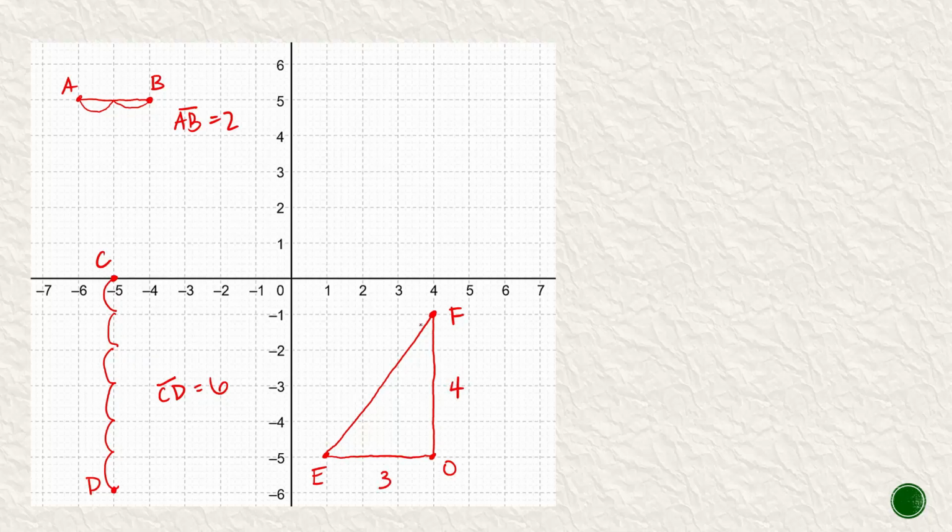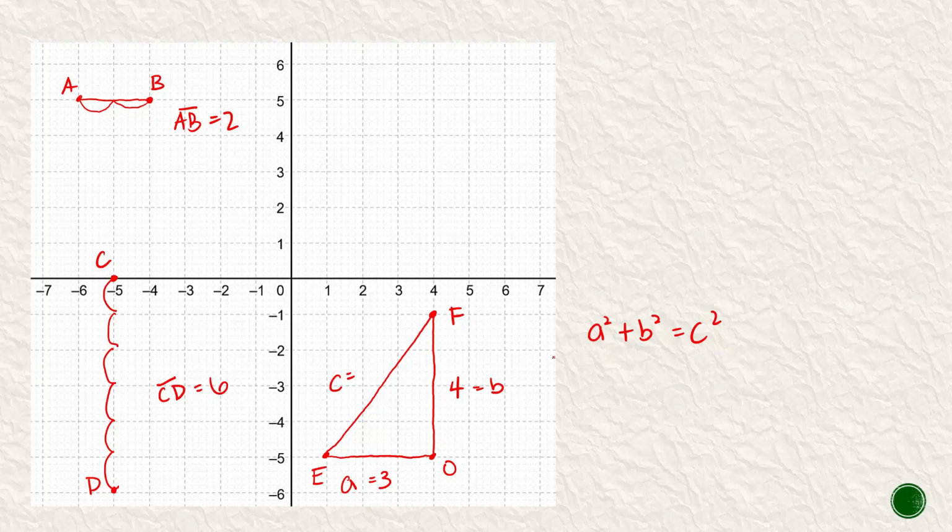So now we have this EF, which is the hypotenuse. And in order for us to find the length of that hypotenuse, we will use the Pythagorean theorem. So we have a squared plus b squared equals c squared. Let's say that number 3 is our a and the 4 is our b, and then EF is our c, which is the hypotenuse.